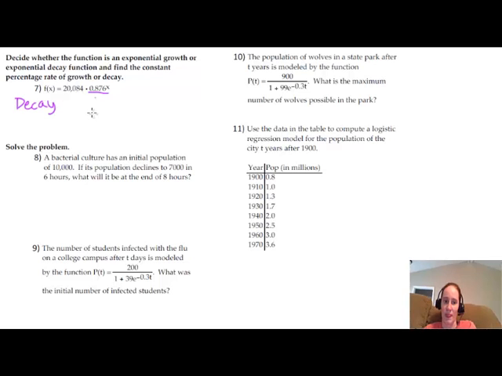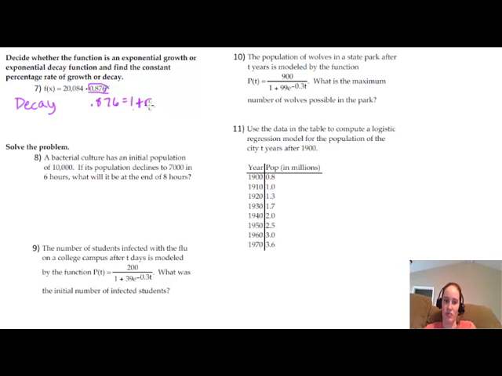Now to figure out the percent, you have to remember that this value right here, our base, is equal to 1 plus r. Because basically we're accounting for the fact that there's 1 of whatever we're doing, and then we're adding some percentage to that.